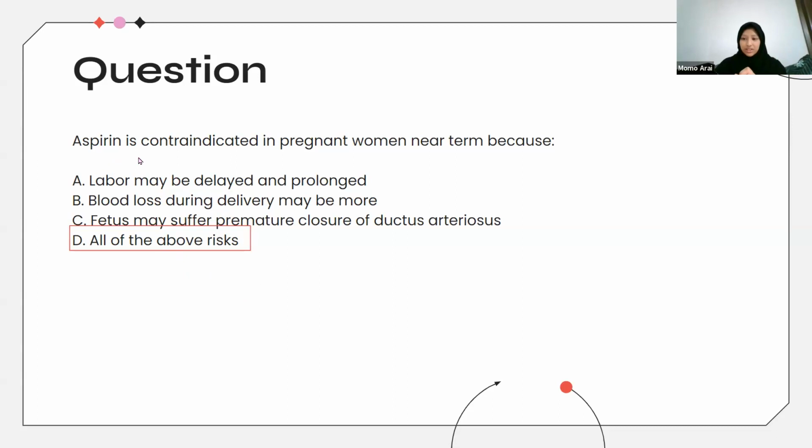So what does aspirin do? Can anyone tell me quickly? Inhibits COX, yeah. Okay, so aspirin is special, it's different from NSAIDs. Why? Because it inhibits COX differently. Do you know what the difference is between this and the NSAIDs or other inhibitors of COX-1, COX-2?